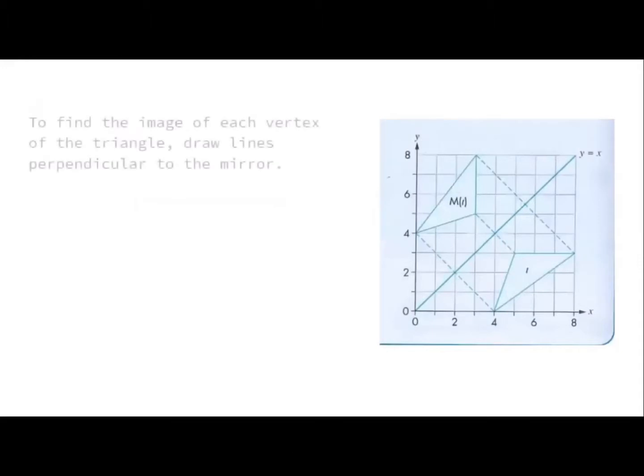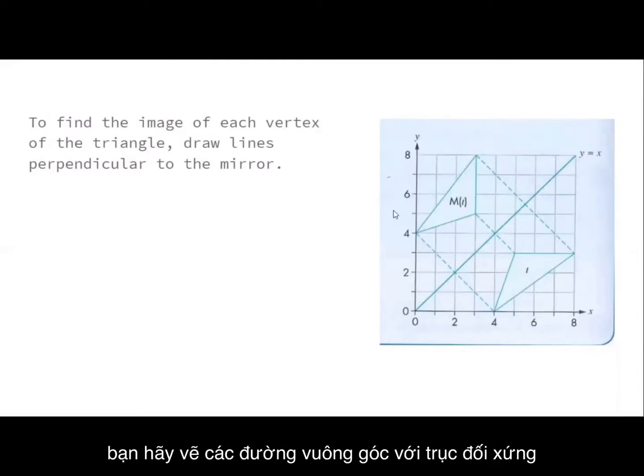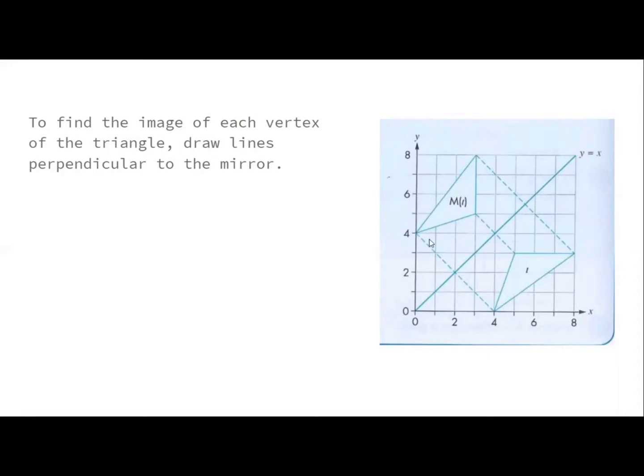To find the image of each vertex of a triangle, draw a line perpendicular to the mirror line from each vertex.